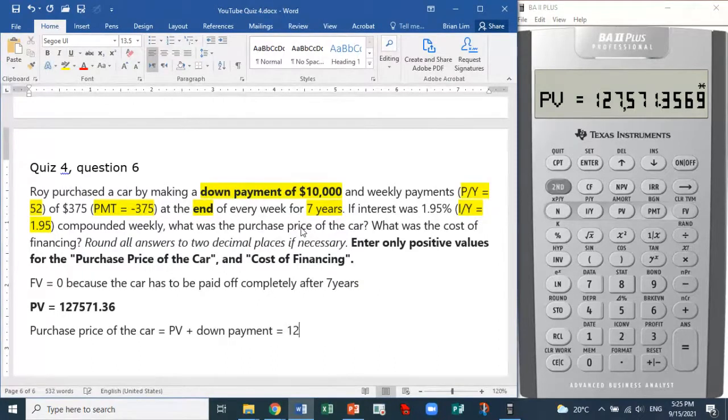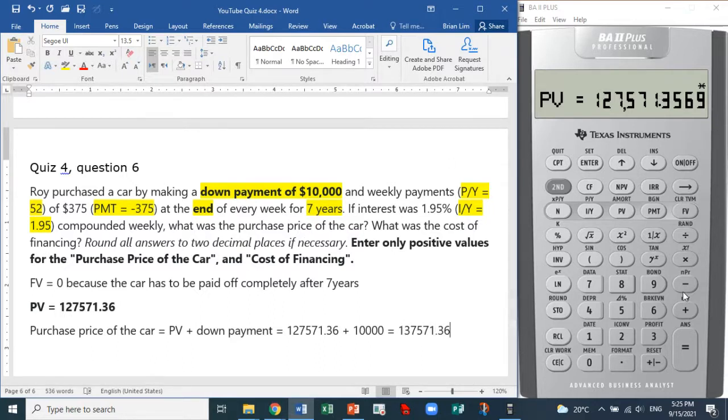So that would be 127,571.36 plus $10,000, and that would put us to a grand total of 137,571.36.